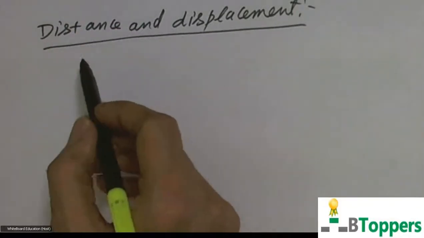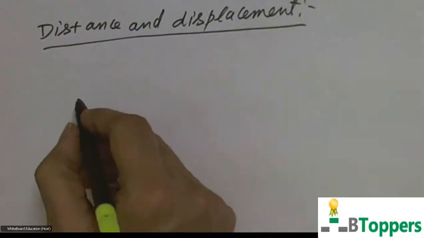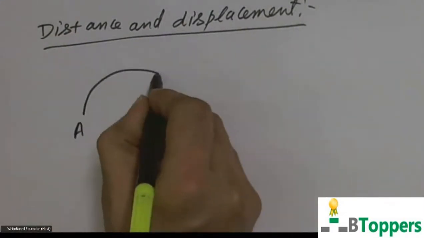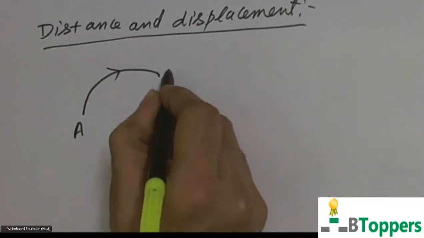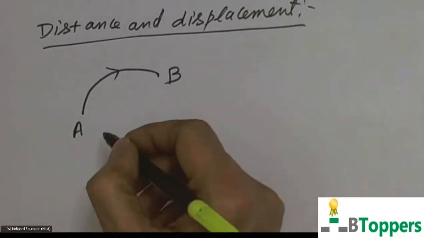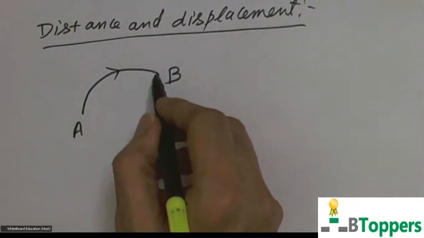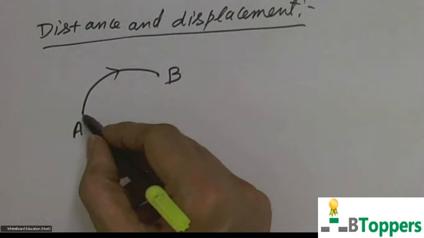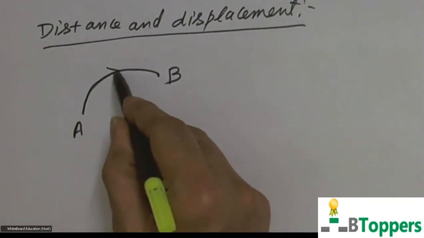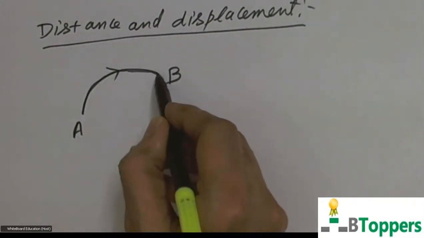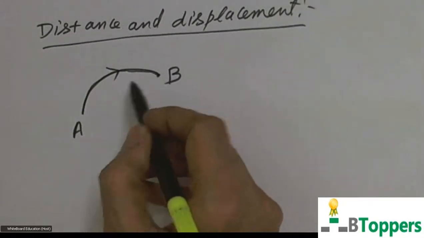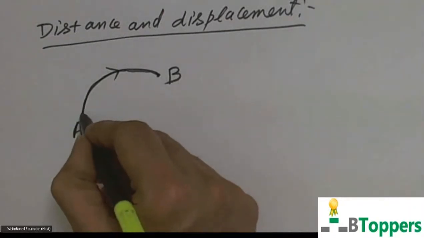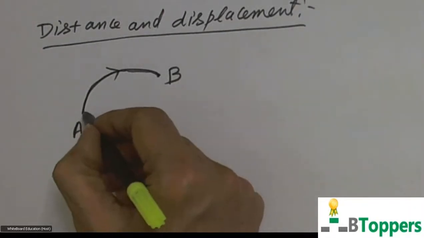So coming to the terms distance and displacement. Suppose a particle moves from one point A to another point B along a curved path, then the distance covered by the particle is the total length of this curve or path along which the particle has traveled, which is a scalar quantity. But displacement is a vector quantity having both magnitude and direction.